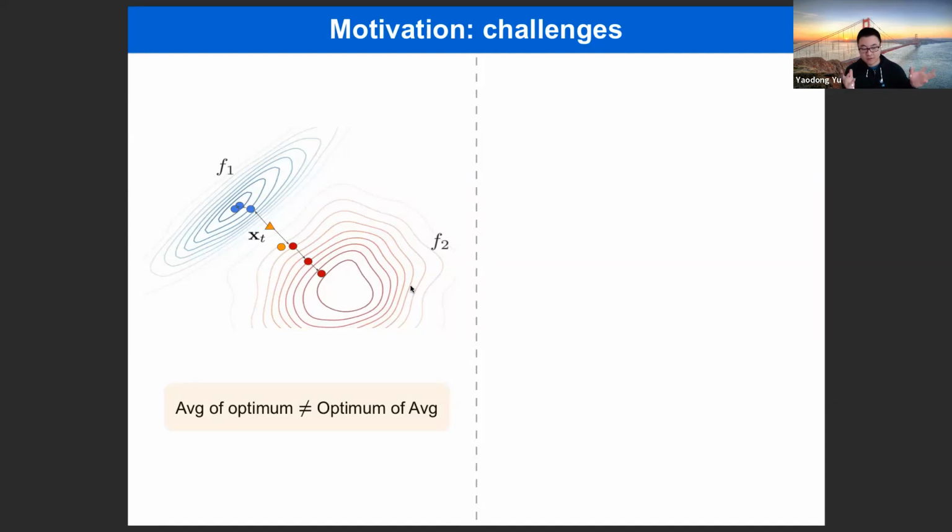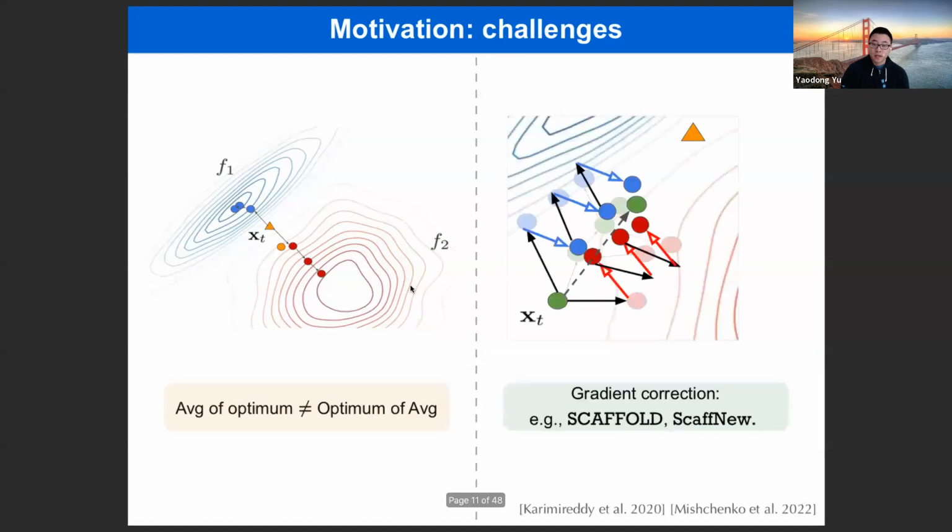Even if you have convex loss functions, if you just naively optimize and average the optimas, it does not work. However, luckily we have some gradient correction based approaches. I think several folks right now are contributing to the algorithms and methods I'm showing here.